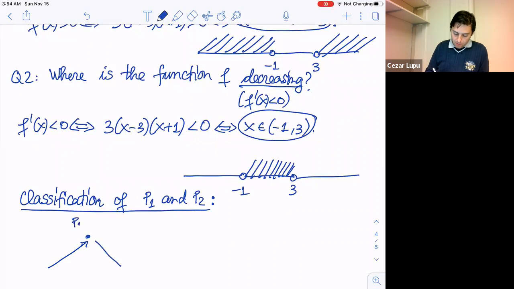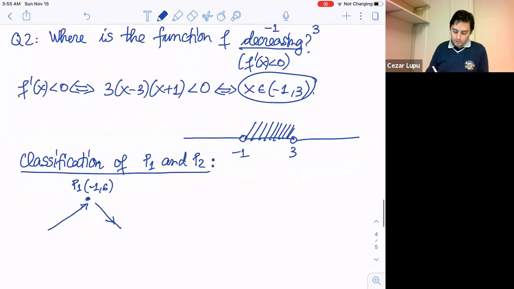So the first one, P1, of course, so -1 and 6. And then it will be like this. So P1 is a relative max. It's a relative maximum.